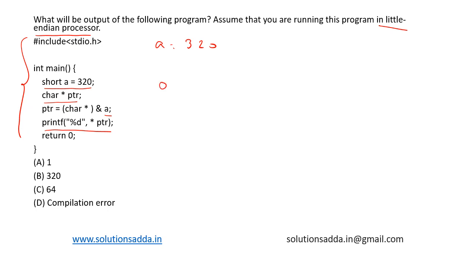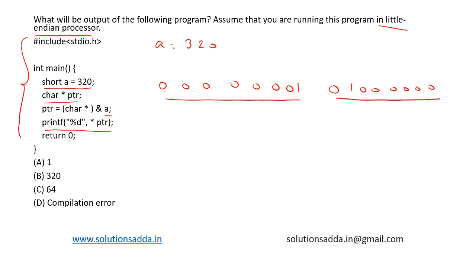The first byte would be 0, 0, 0, 0, 0, 0, 0, 1. How many bits are there? 1, 2, 3, 4, 1, 2, more 0. This would be the first byte, and the second byte would be 0, 1, 0, 0, 0, 0, 0, 0.